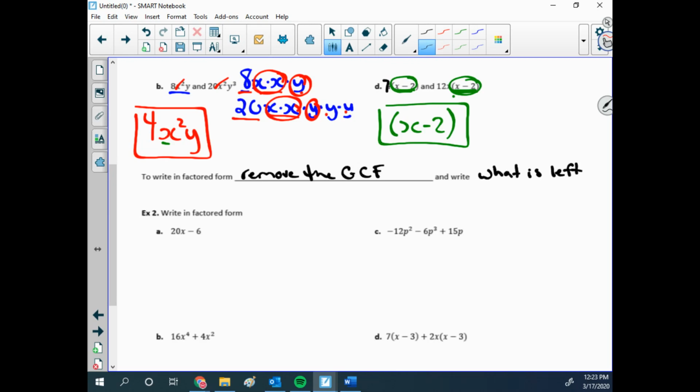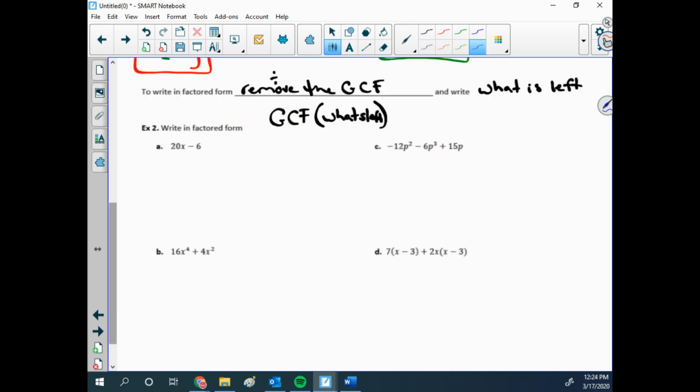So what you're going to have here, kind of in your factored form, is your GCF written out front, and then in brackets, you'd say what's left after you've divided, because that's what removing a GCF is. So take a look at how to write in factored form with GCF.